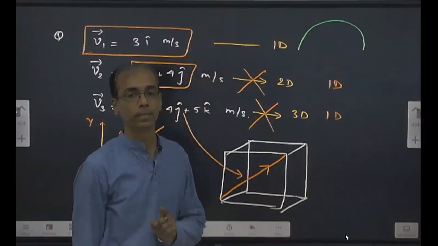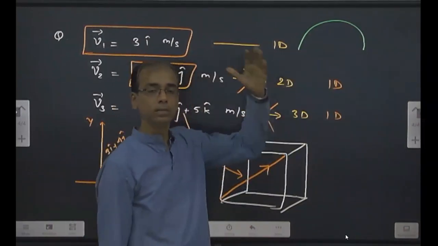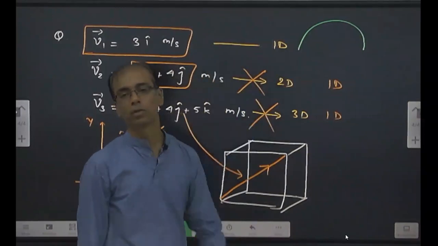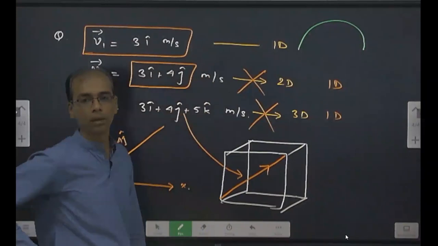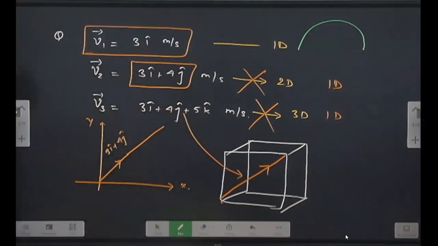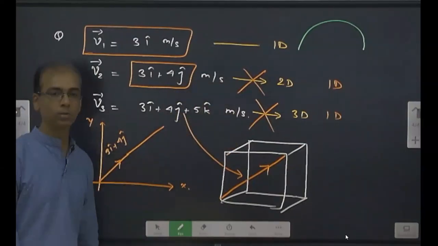Motion has to be curved, but it needs to change the planes. Then you can say that it is 3-dimensional motion. Did you understand? Yes, sir. Okay. So the question is clear, the answers are clear. Note it fast so that we can move ahead.